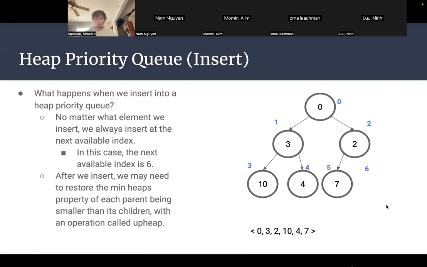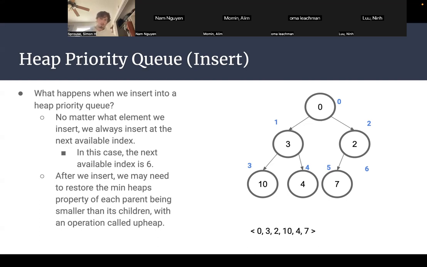No matter what the element is that we insert, greater than 0, less than 0, greater than 2, less than 2, we always insert at this next greater index. And then, similar to AVL or red black, we handle the insert case by case to put it in the right position after we've initialized it.